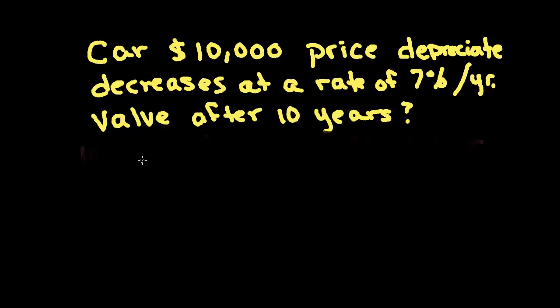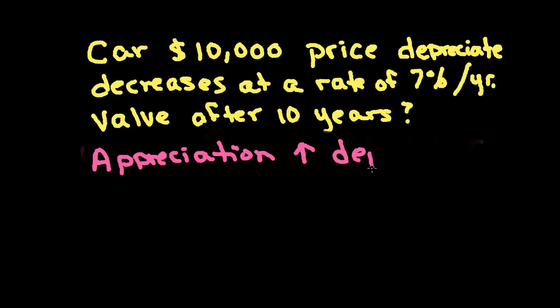So when we are solving this type of equation, this is a value type equation where we're dealing with appreciation, which is where the value goes up, or depreciation, where the value goes down.